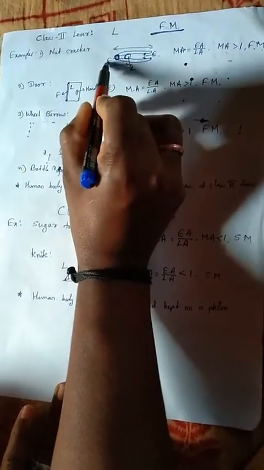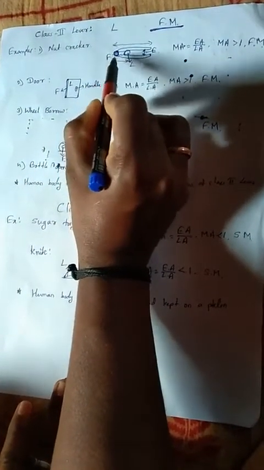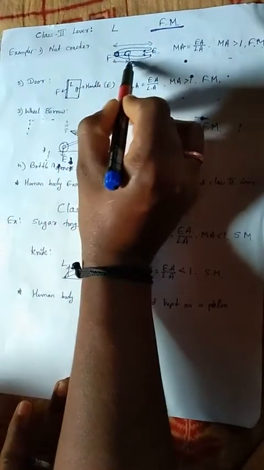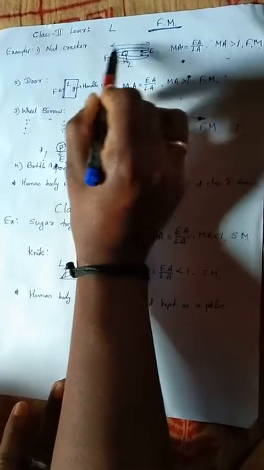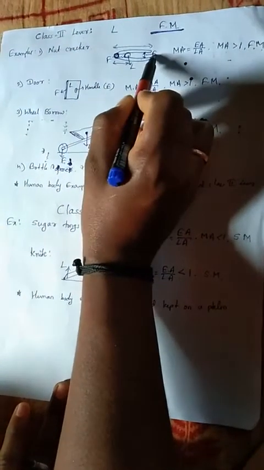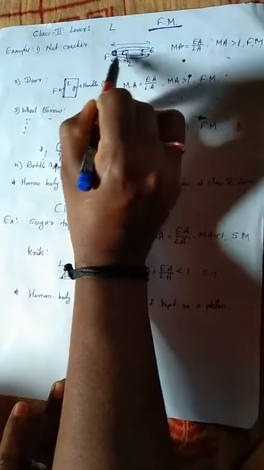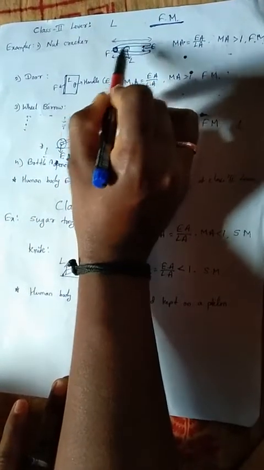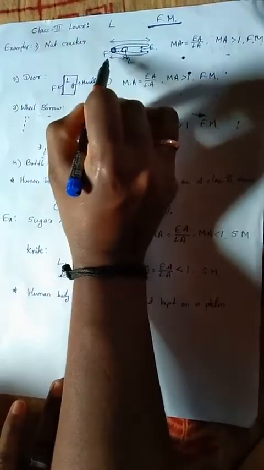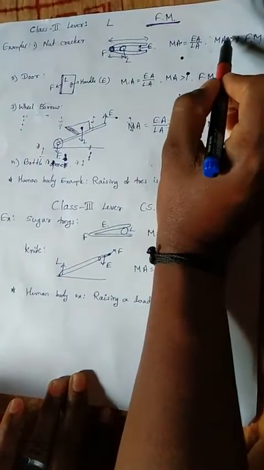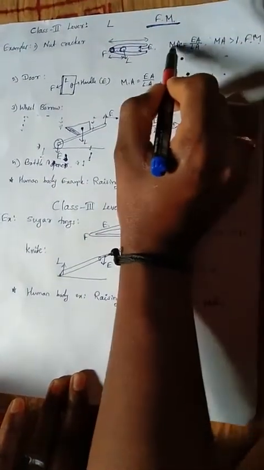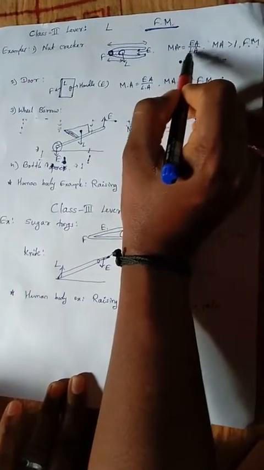The load arm is from the fulcrum to the load, and the effort arm is from the fulcrum to the effort. Here the effort arm is larger than the load arm. Mechanical advantage, we know the formula, is effort arm by load arm.